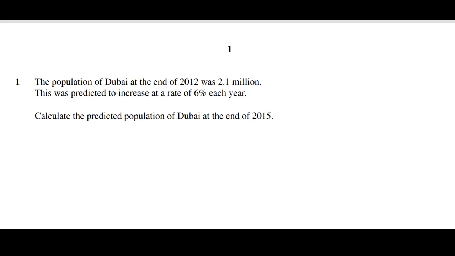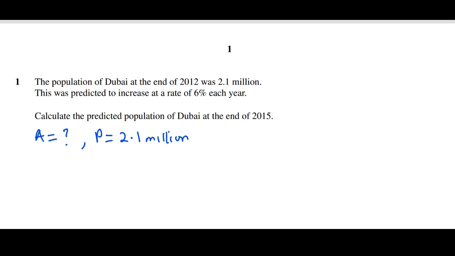So here, the new value is not known. That's what we are looking for. The old value, that's the old population, is 2.1 million. What else do we know?